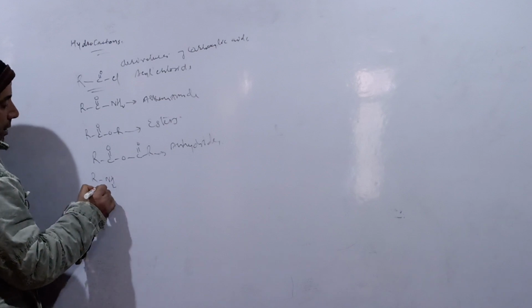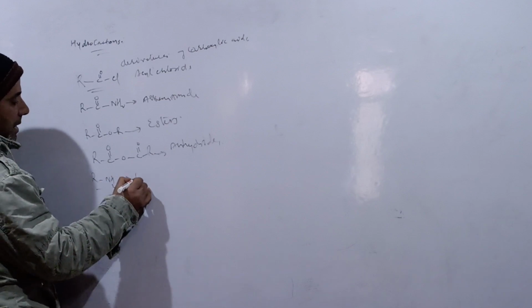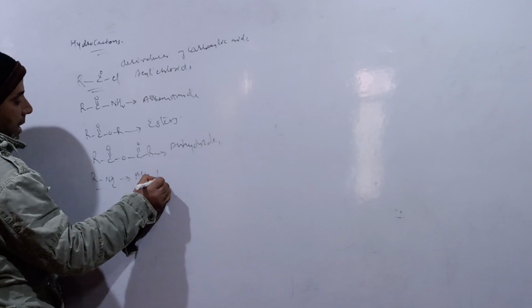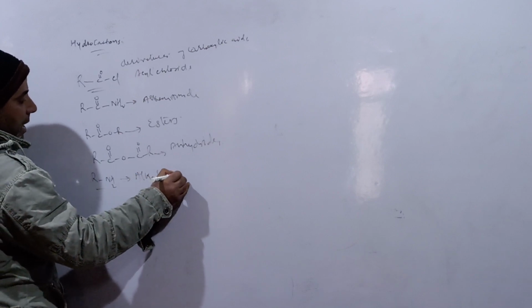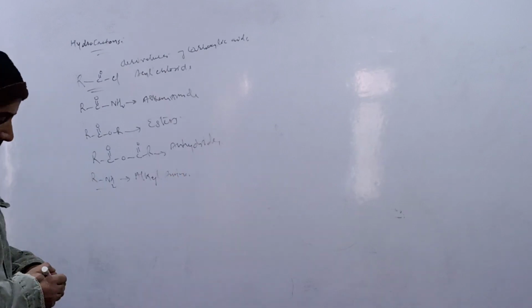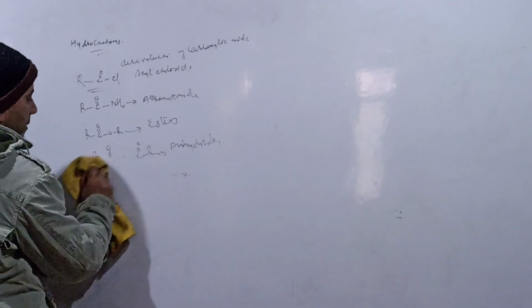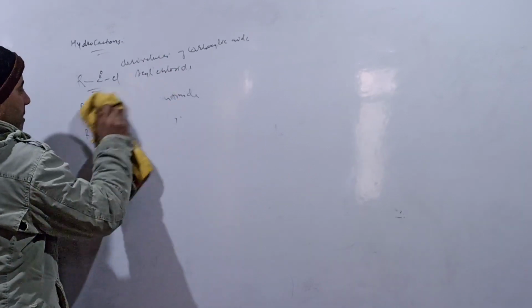Then after, if we represent R single bond NH2, this will be called alkyl amine, amine. Then after, we will proceed further.